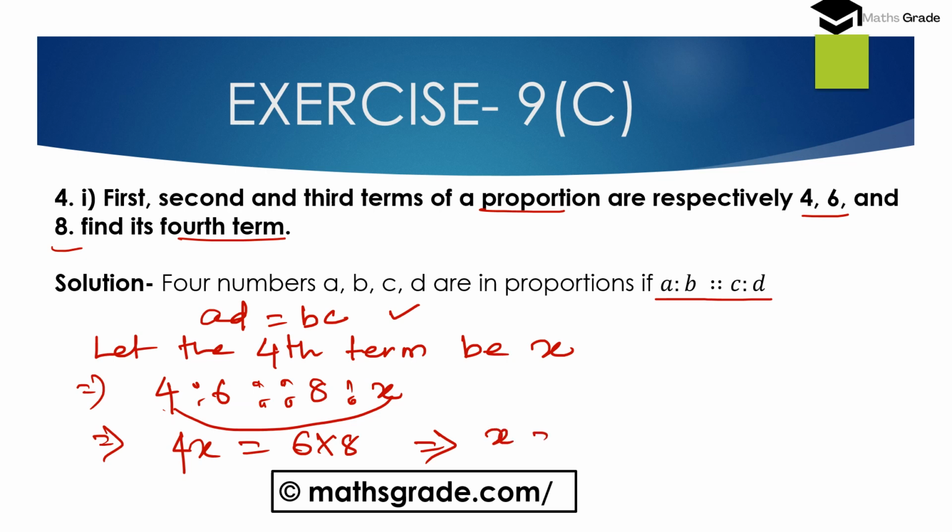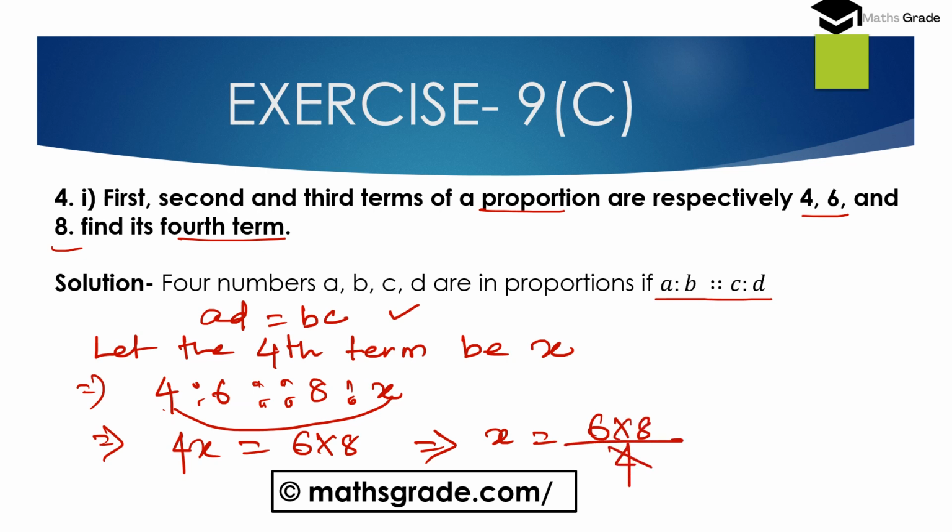Now X will be, here 4 transposed to the right hand side, this multiplication 4 multiplied with X changes to division. So X is equal to 6 multiplied by 8 divided by 4.